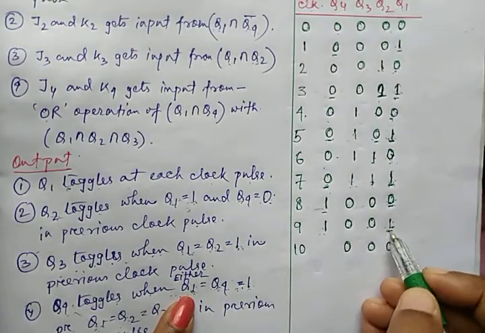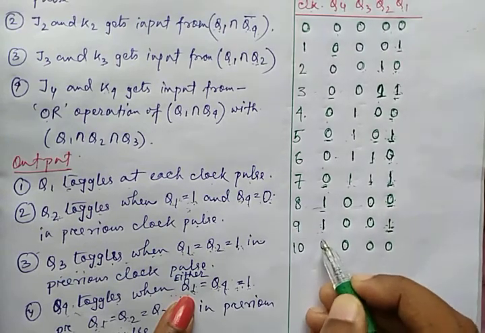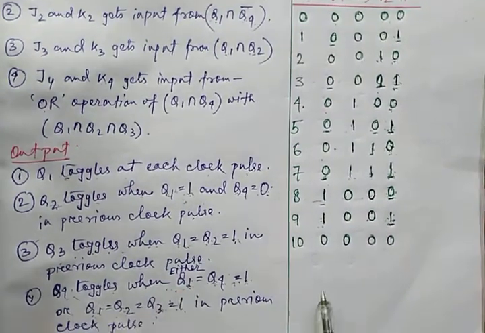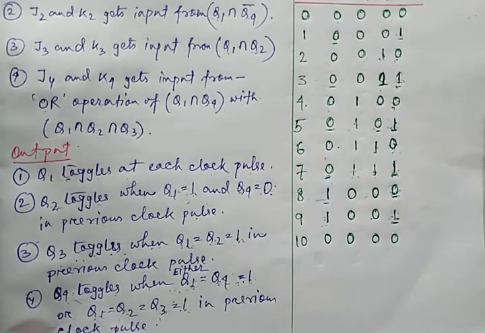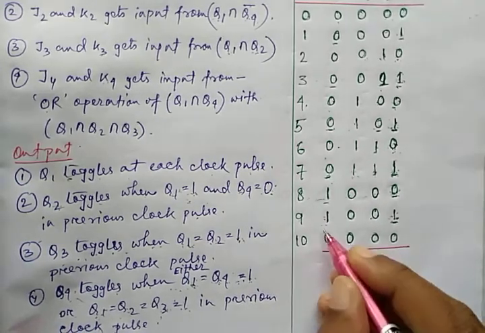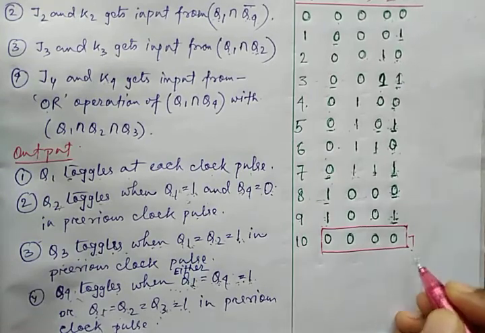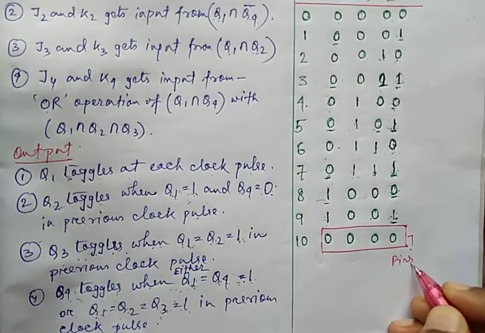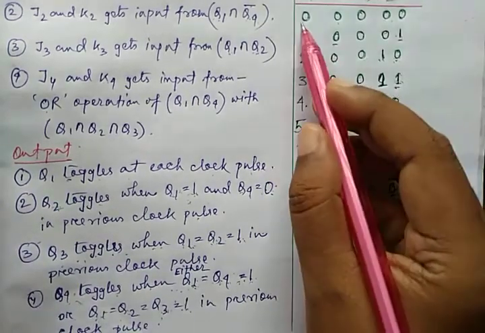Here you can see Q1 and Q4 both are 1, so Q4 also toggles. So here you can see at clock pulse 10, it comes back to its first state, that is when the clock was 0.